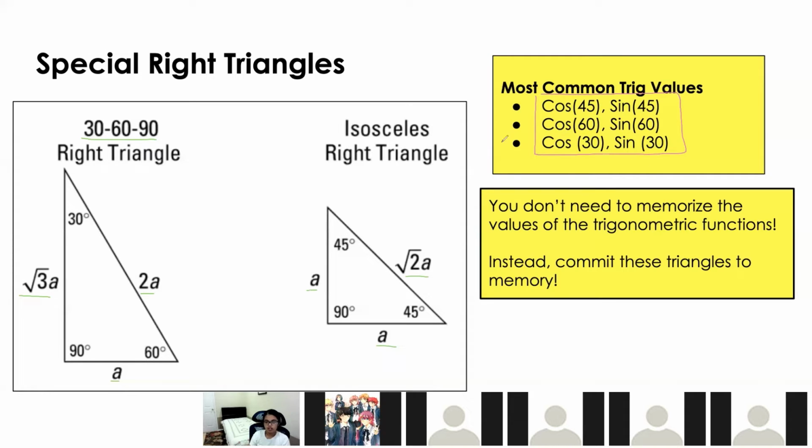So does anyone know how we can do that? How we can calculate the first one? Using just this diagram. You can type it in the chat. Question is just, what is cosine of 45?